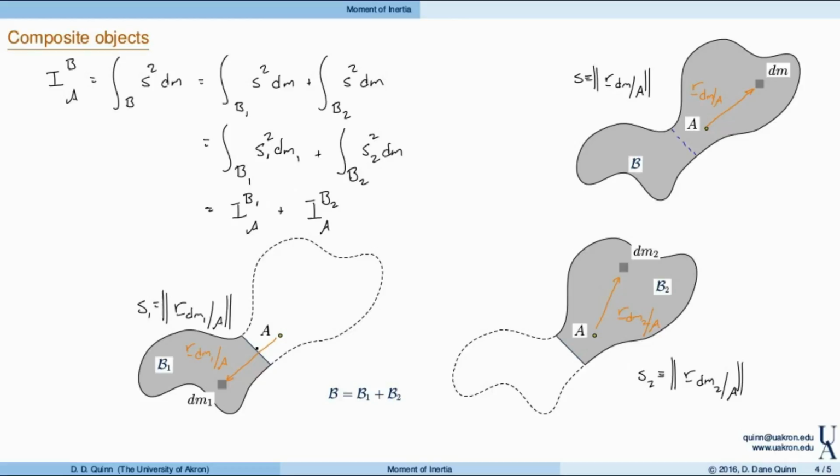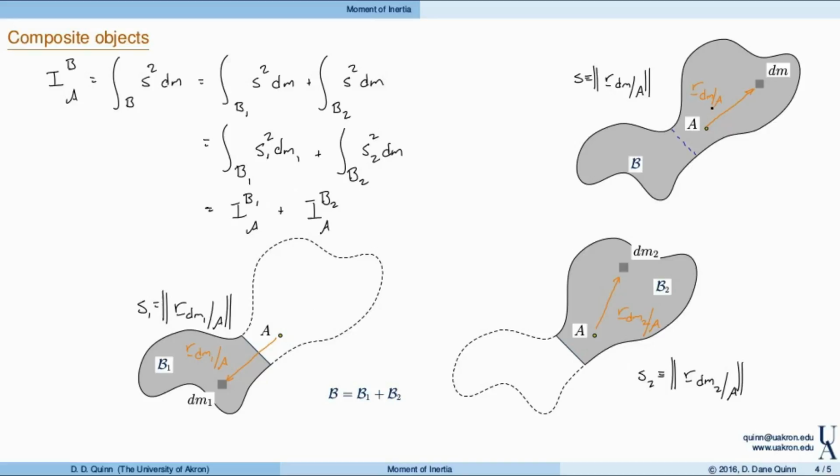But that's fine. Doesn't matter at all. We can find the moment of inertia about really any point. It doesn't have to be fixed in the object. It doesn't have to be connected to the object. It can be a separate point, as we've shown here in body 1.